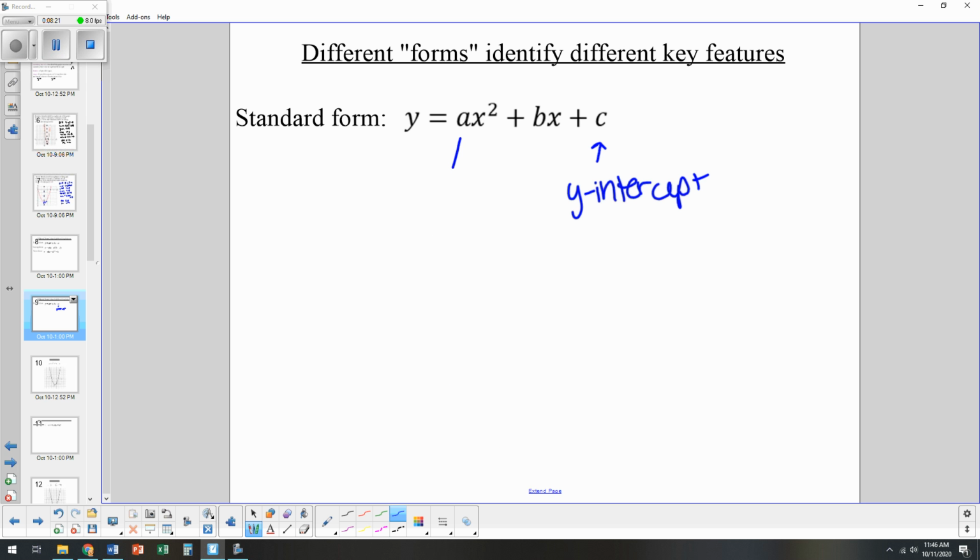The other thing it could tell us is if it opens up like this or down like this. So positive a is what makes it open up. Negative is what makes it open down. So just like the reflection, the a value in front always told us if there was a reflection or not, that's going to be true in standard form as well.